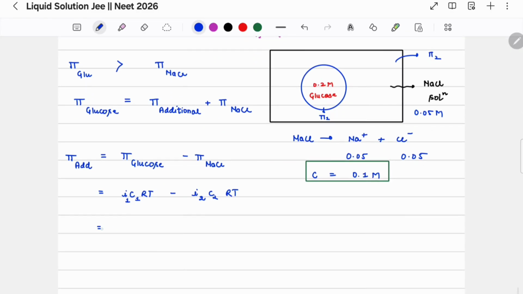Now what can I take common? I can take RT common, then what will be left? i1 C1 minus i2 C2.